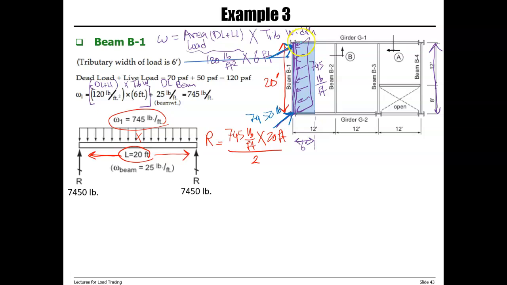Again, pay attention to the detail. Beam B1 is connected to the web of the column section, which means that the load is transferred to the column, not to the girder G1 or G2. The load path here is from beam to column.